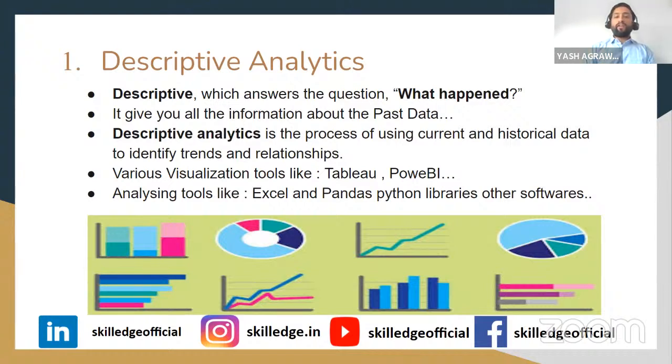In that, we will try to find how that organization has performed over various businesses in the past few years. How can we visualize that? By using various tools like Tableau, Power BI, or on the analyzing side, Excel, the Pandas library of Python, and other analyzing software.